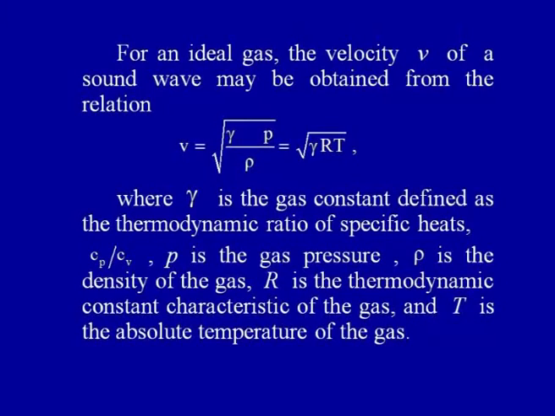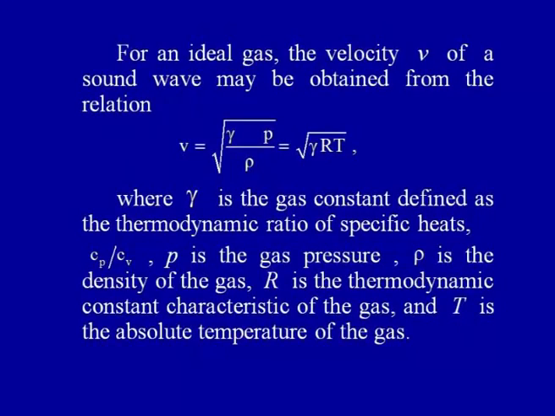For an ideal gas, the velocity v of a sound wave may be obtained from the relation v is equal to the square root of gamma times pressure upon the density, which is equal to the square root of gamma times R into capital T, where gamma is defined as the thermodynamic ratio of specific heats, Cp upon Cv.